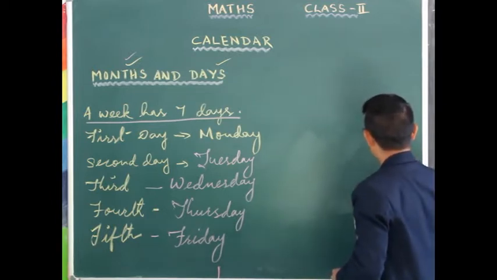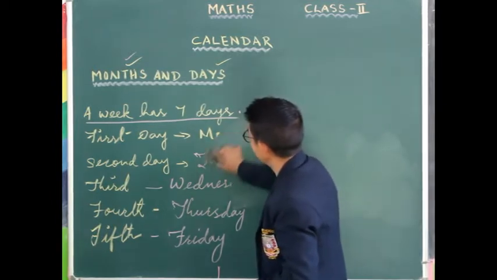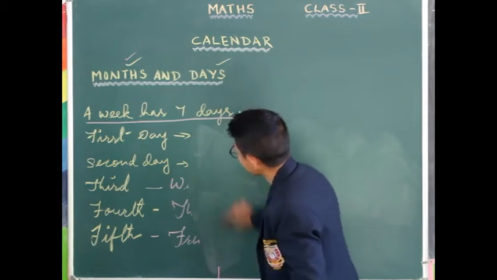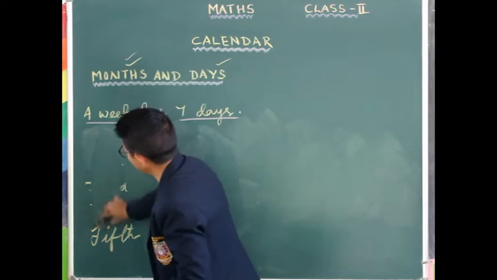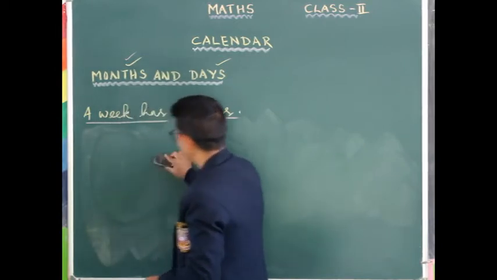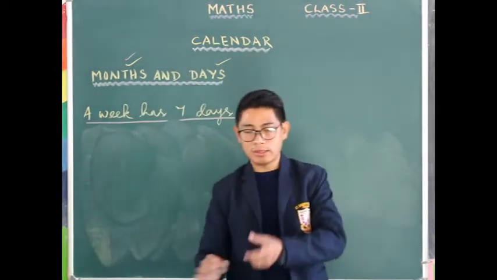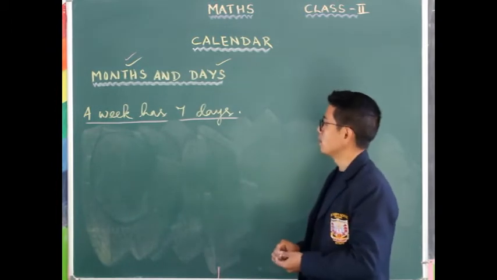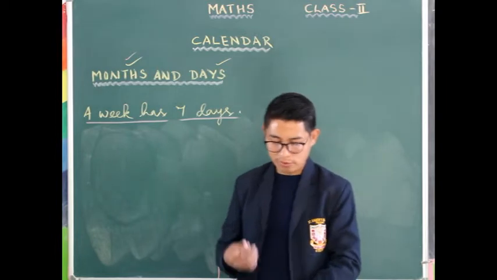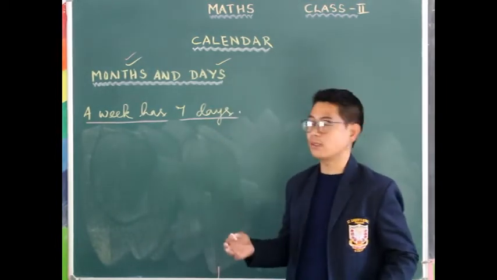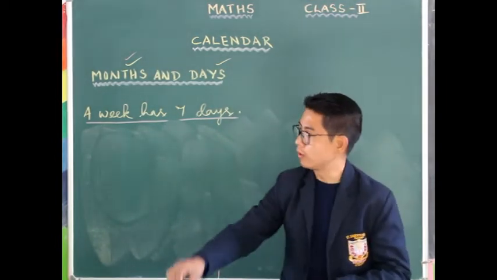So these are about days. There are 7 days in a week. I hope you have learned in junior LKG, UKG classes that a week has 7 days, Monday, Tuesday. This is just a revision for you all.